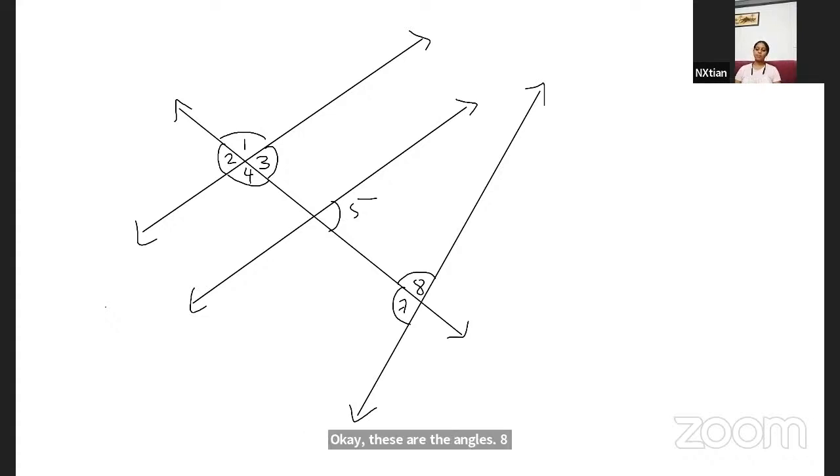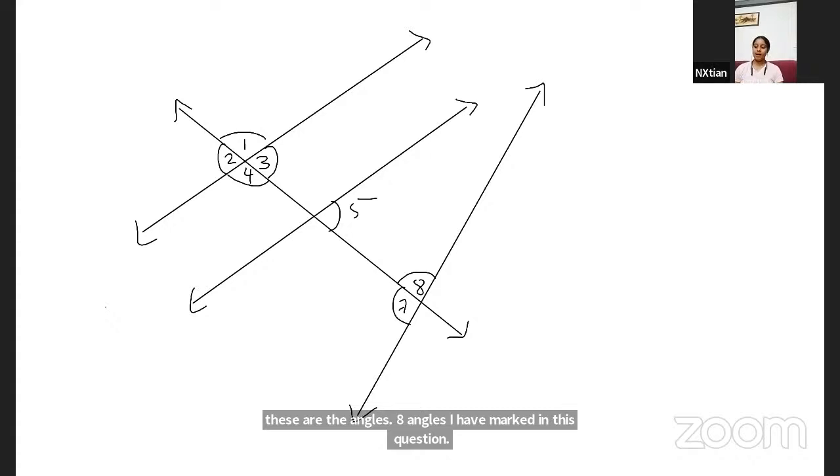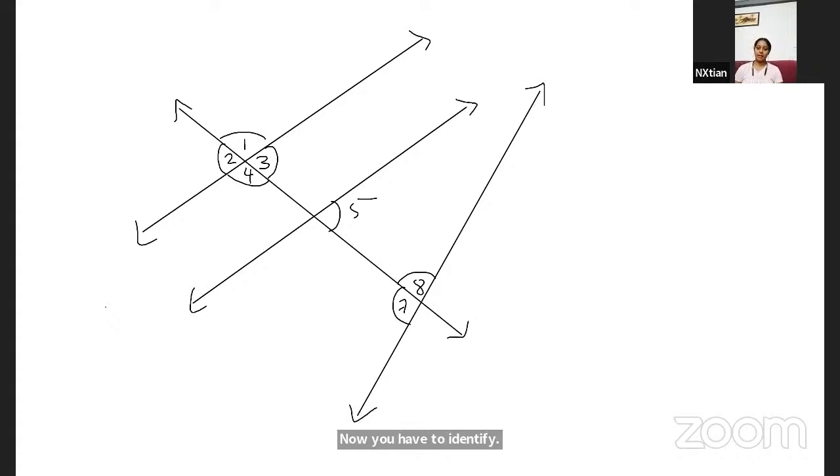Now you have to identify which kind of angles these two are. I'll be giving you pairs of angles, one pair of two angles. You have to identify which category of angle it is.